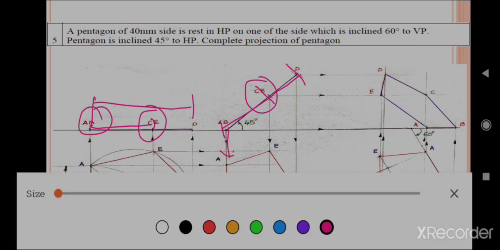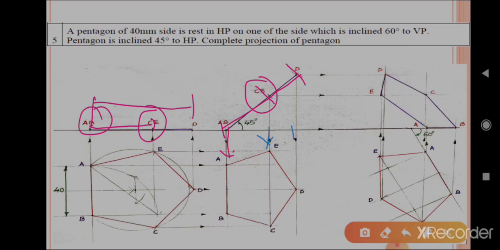Then with the same procedure again we take vertical projection lines from each point, and horizontal projection lines from the top view, and we can complete the top view. Point A appears here in the top view.